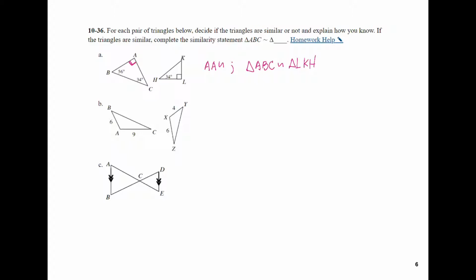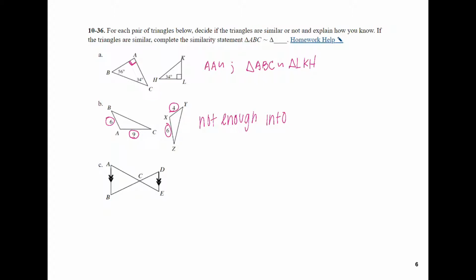Looking at B, we know that this side is 6. Our sides don't match up. We have a 9, a 4, and another 6. So we would say there is not enough information to be able to tell if these are similar.